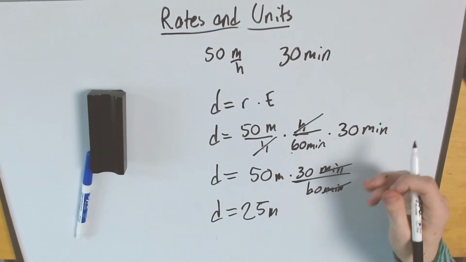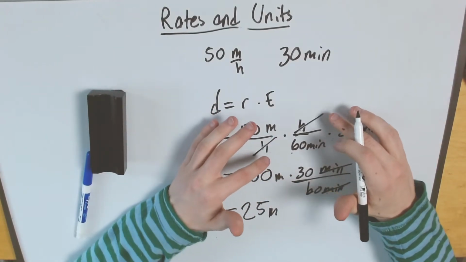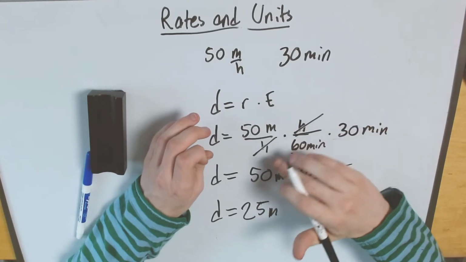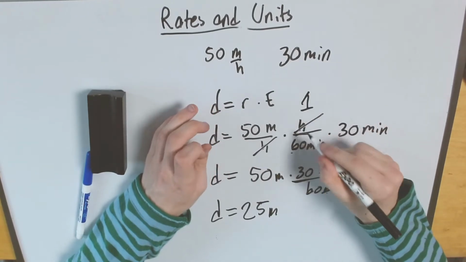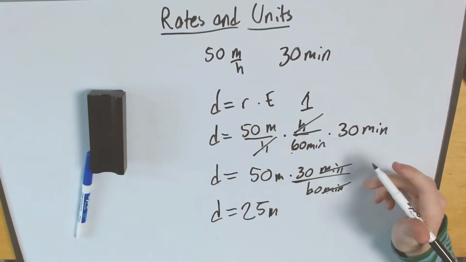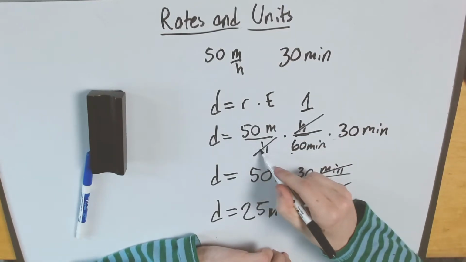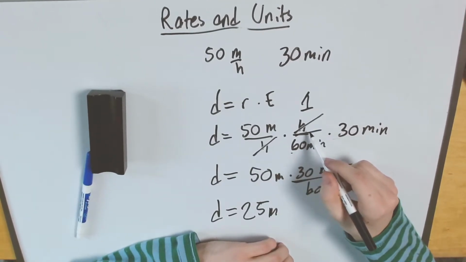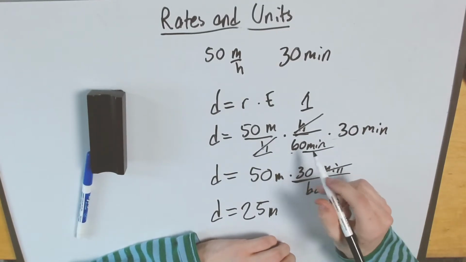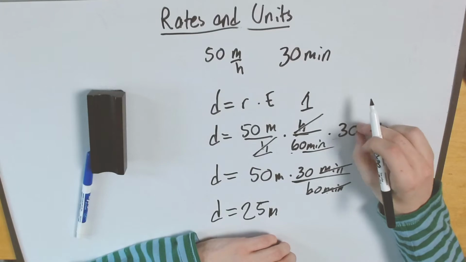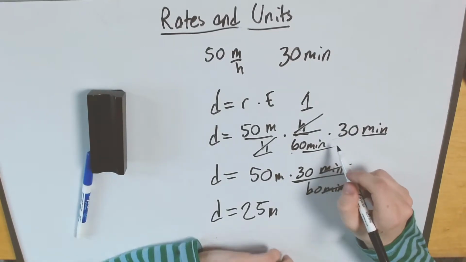And so to do that, anytime you're dealing with conflicting units, try to write them as a fraction, where on one side you'll be able to cancel it out, right? Because this is just one, because 1 hour is 60 minutes, so we're not changing the value or anything. But we'll write it so that one side, in this case the numerator, cancels out the hours in the denominator and leaves the minutes in the denominator that we can then use to cancel out the minutes in the numerator of this fraction, right?